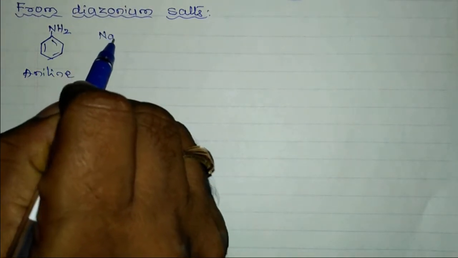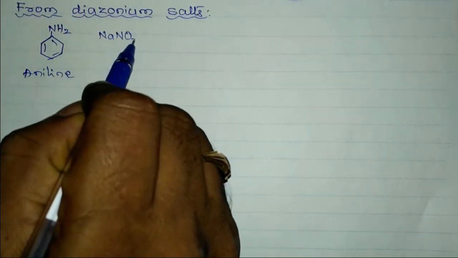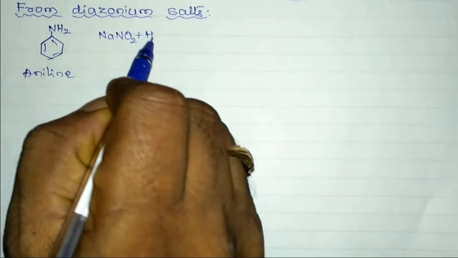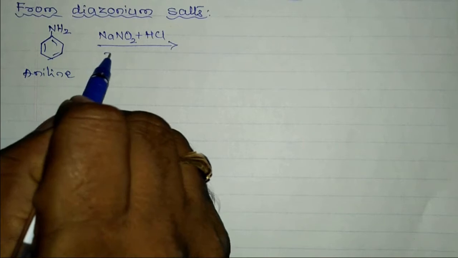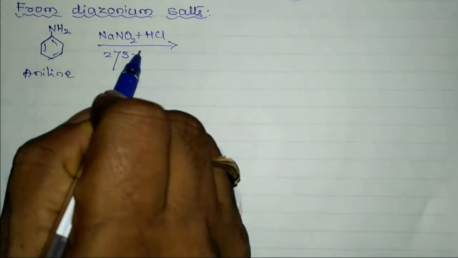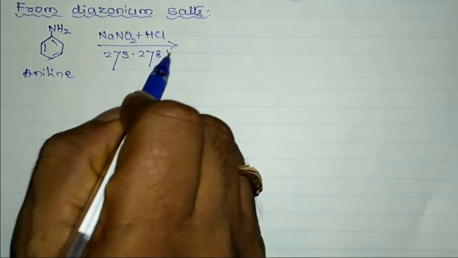As this is unstable, we can prepare nitrous acid by treating NaNO2 with HCl at temperature 273 to 278 Kelvin.